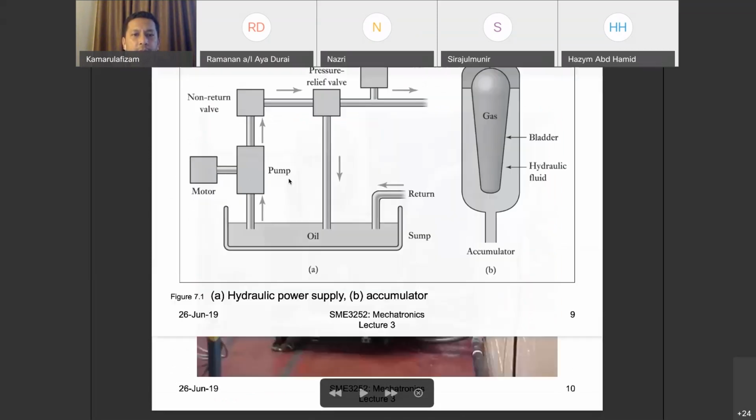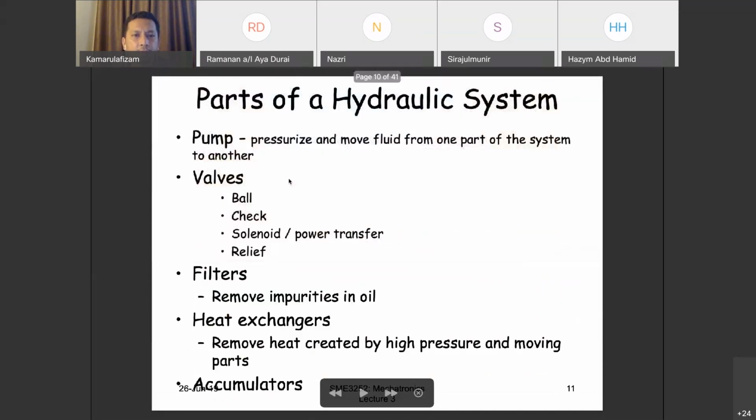Alright. So kita akan tengok valve yang ada, contohnya ada ball valve, ada check valve, ada solenoid valve, ada relief valve. Alright, and then we will have filters. Filters basically dia buang lah, dia tapis lah benda-benda kekotoran dalam minyak, because hydraulic, as I mentioned, dia cepat kotor sebab seal yang tak berapa cantik, banyak kotoran masuk dalam minyak.